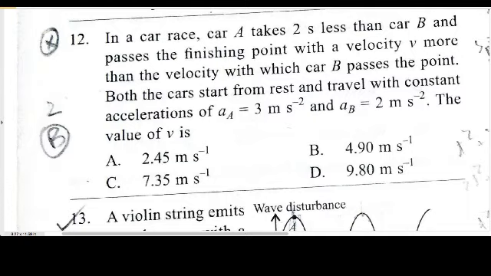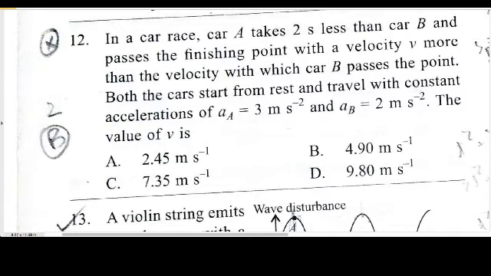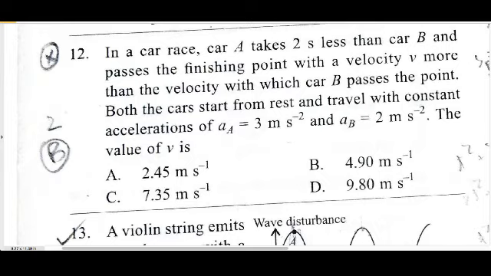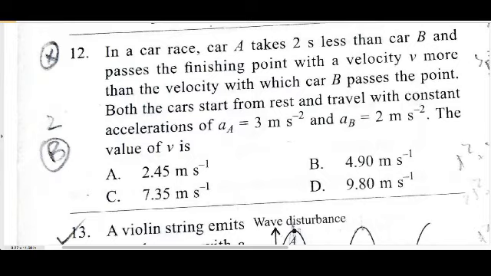We can see in the question that car A takes 2 seconds less than car B, which means car B takes 2 seconds more time than car A to cross the point. The acceleration of A is 3 meter per second square and the acceleration of B is 2 meter per second square. That's why car B is taking more time to complete. So if we calculate the velocity v, then our answer will come out to be 4.90 meter per second.